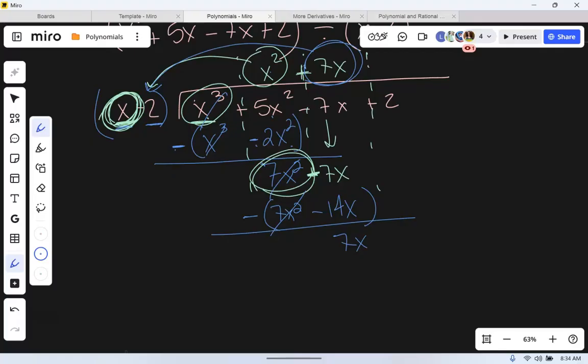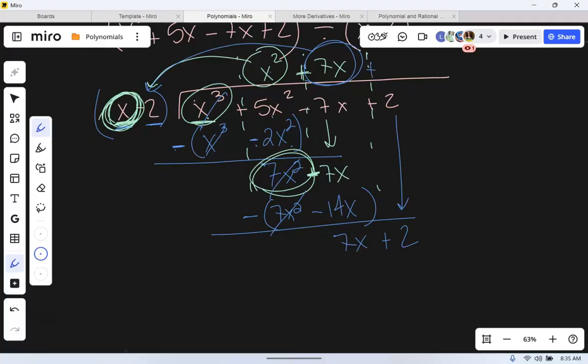And we're in this constant loop now, right? You finish your problem, I'm going to finish mine. Stop when you get to the remainder, when you can't go any further. So I'm going to go one more loop here. Actually, I forgot to bring down the 2. X times what gives me 7x? 7.